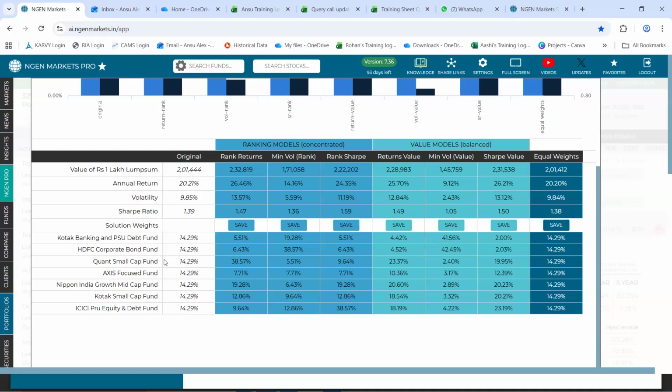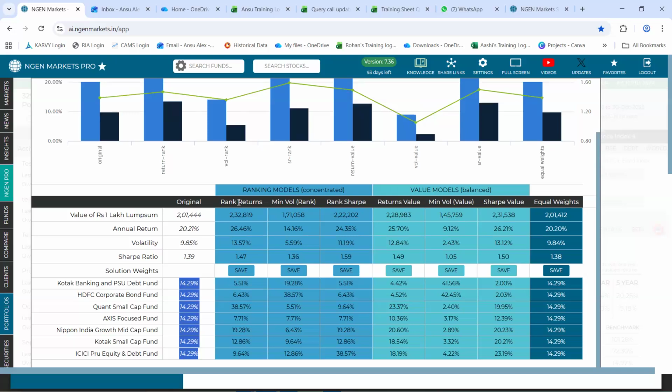Please note, in this improvisation of portfolio, neither are we adding any new fund nor are we removing any existing component. All we are doing is letting you know how you can rescale the allocations of existing components in the portfolio in such a way that either your returns could be maximized, or your volatility could be minimized, or your Sharpe ratio could be maximized.